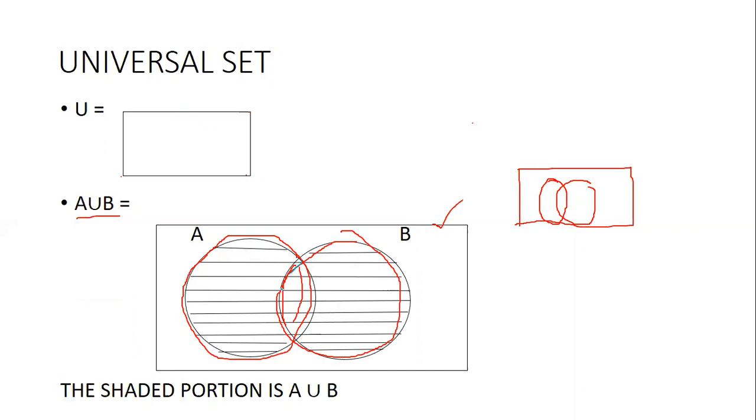That is because there are some common elements in the sets, and there are also some elements which are not common.